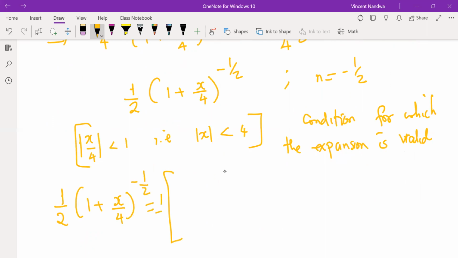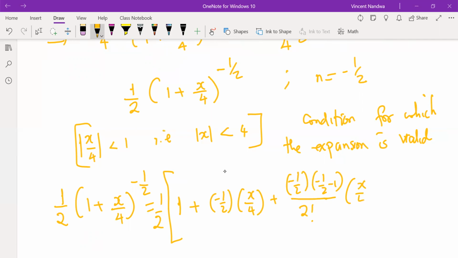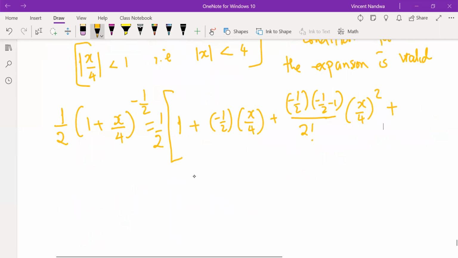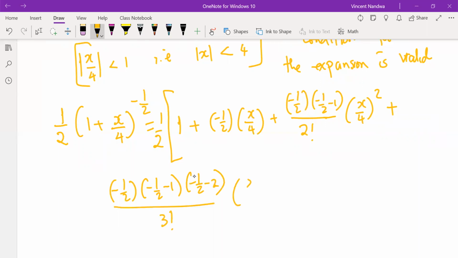So we'll be given by a half, then 1 plus n, which is minus a half, times x over 4, plus 2 factorial, minus a half into minus a half minus 1, x over 4 power 2, plus next term will be negative a half into negative a half minus 1, negative a half minus 2, divided by 3 factorial, x over 4 cubed.